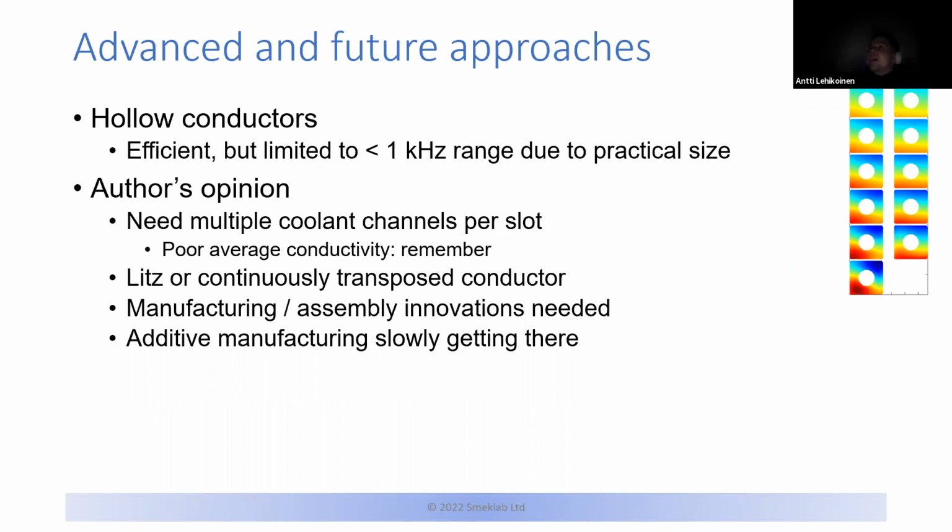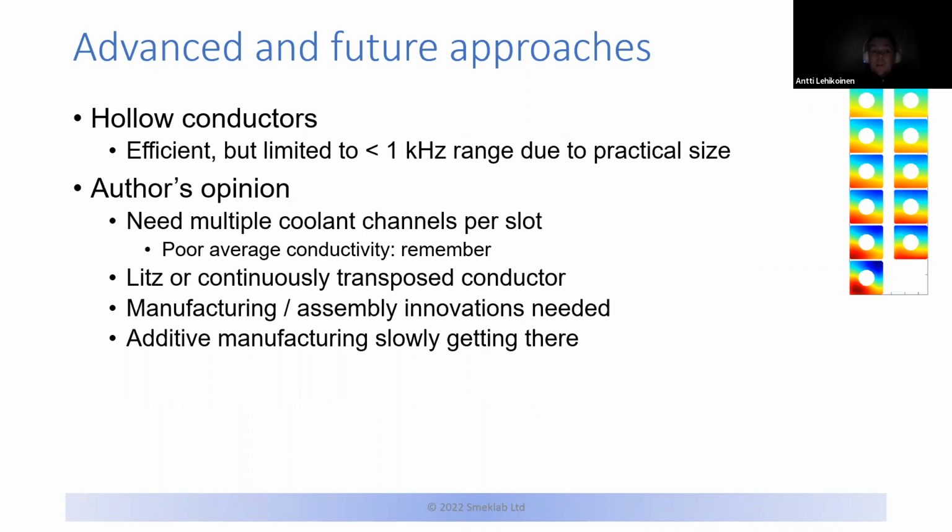But again, assembly, the size, physical constraints basically dictate that your conductors have to be so large that you can't really move close to 1 kilohertz, let alone beyond it. So they are more of a curiosity, very useful for some applications, but for very high-speed machines, probably not very useful.